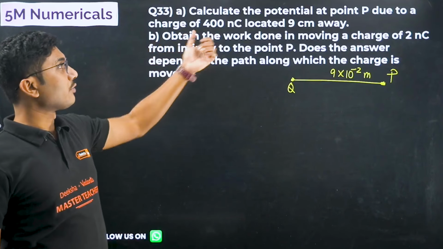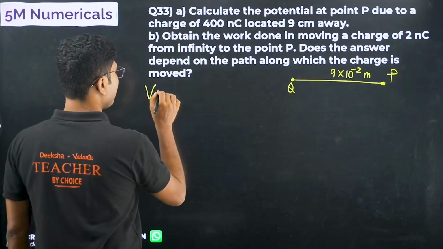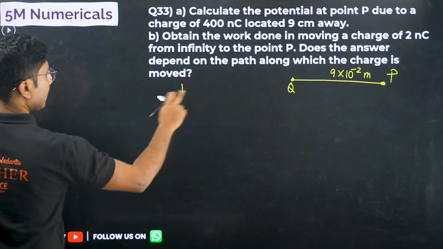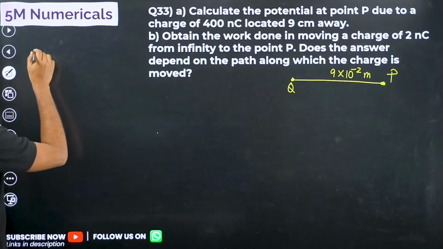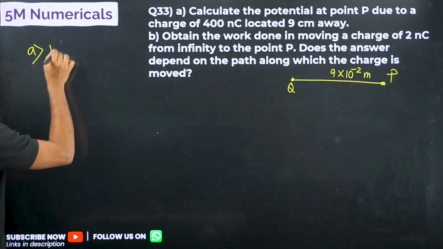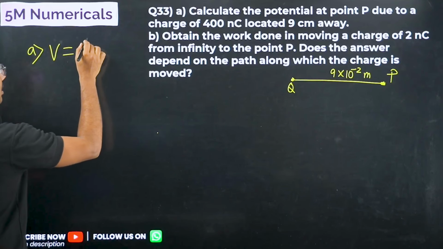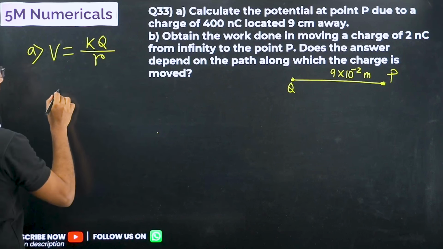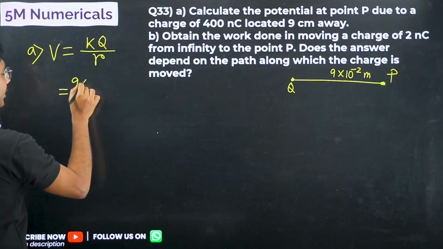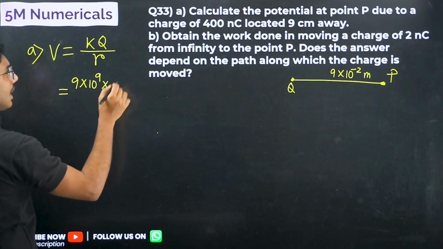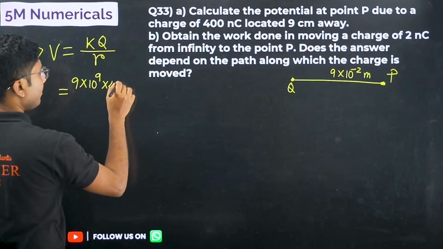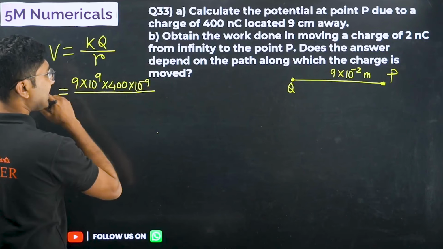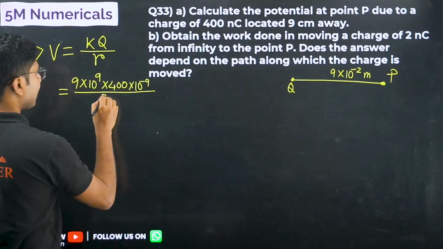So first you have to calculate the potential. What is the formula for potential? There is a part B as well, so let me start here. V equals K Q upon R. K is 9 into 10 to the power of 9, the charge is 400 nanocoulomb and the distance is 9 centimeter.